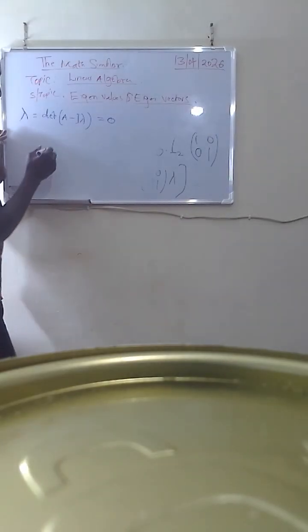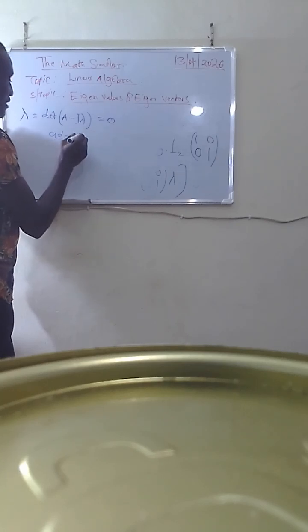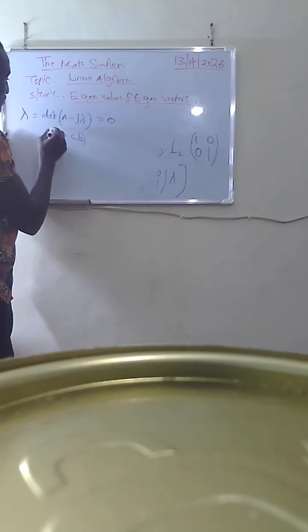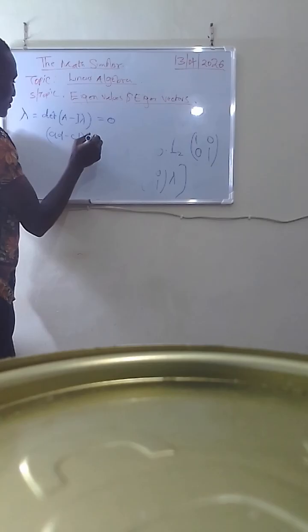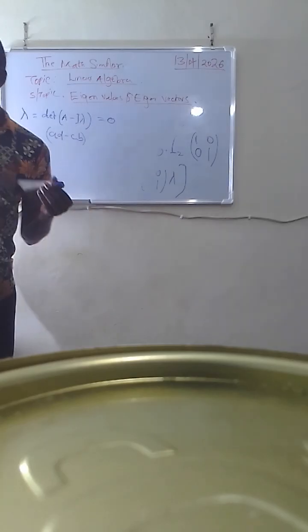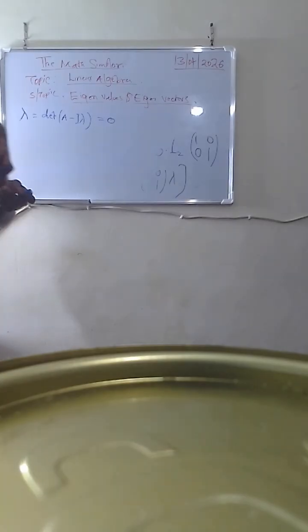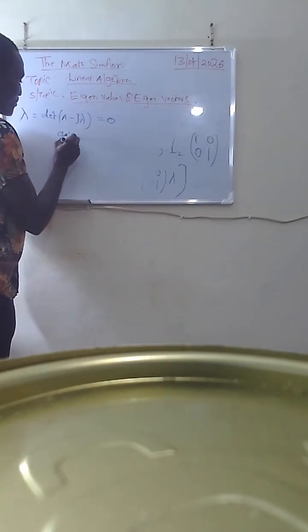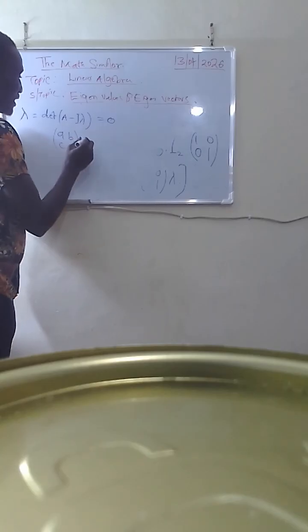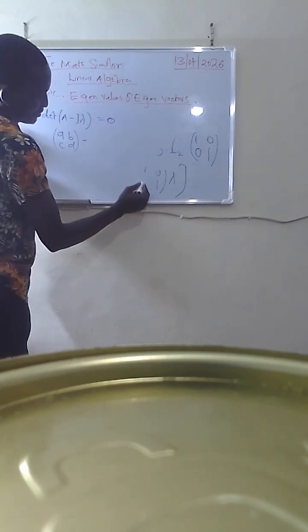Our A is A, B, C, D, minus 1, 0, 0, 1 multiplied by lambda.